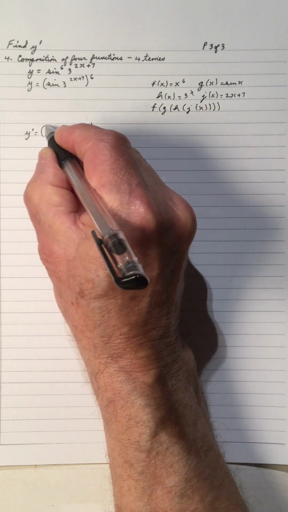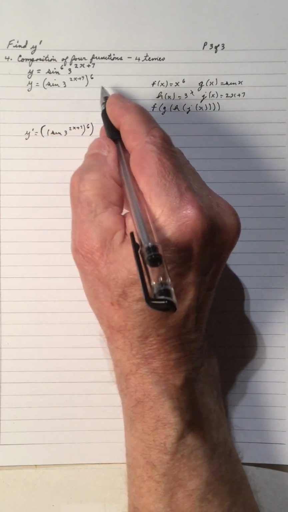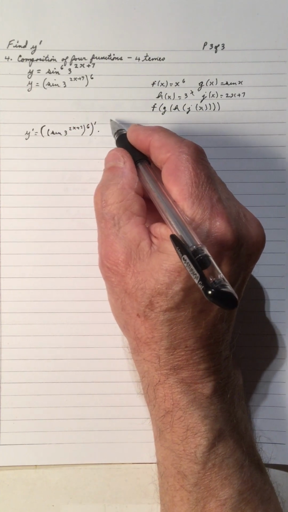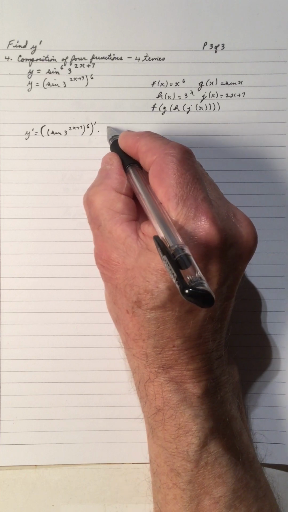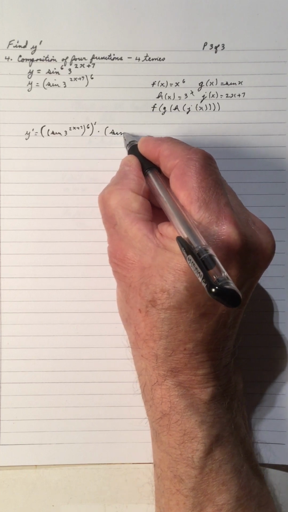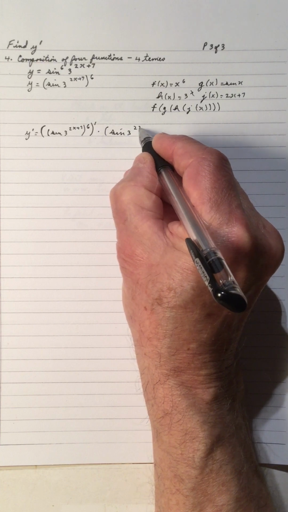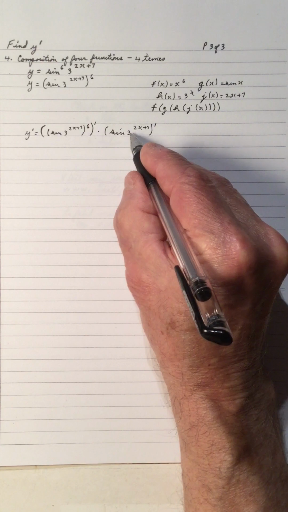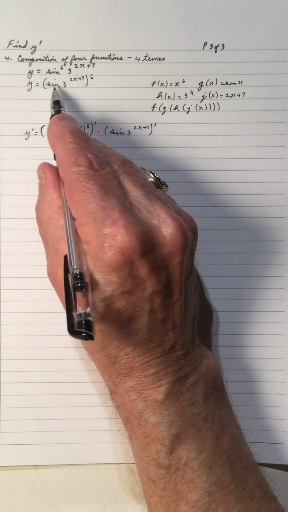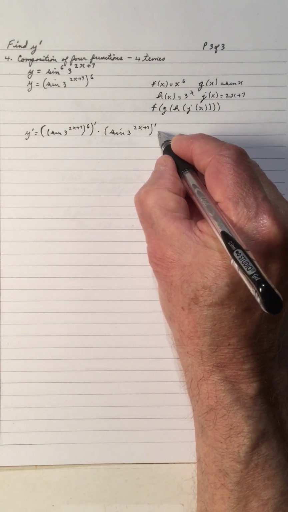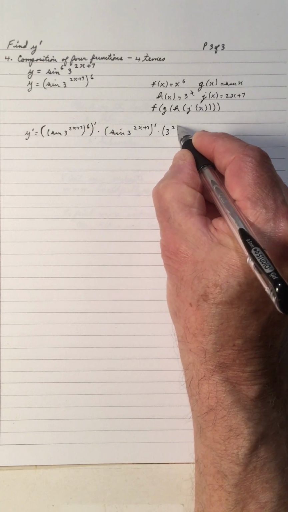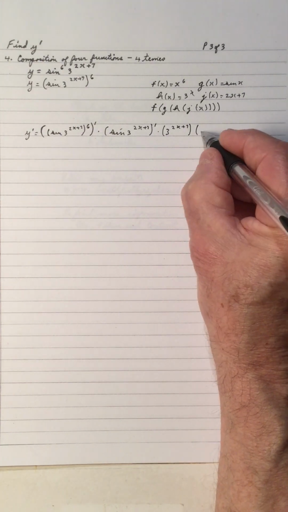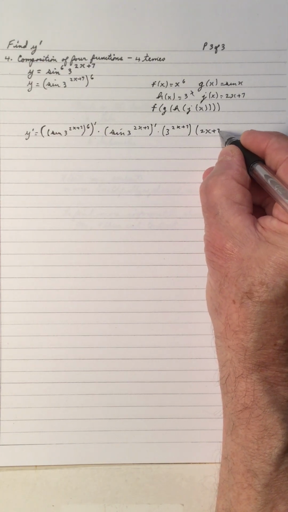So the derivative of this, so it's the derivative of what we have here, and the derivative of the inside, which is sine 3 2x plus 7 derivative, and then we got this, so it's a sine. Now we have the derivative of 3 to the 2x plus 7, which is the exponential, and then we have the derivative of 2x plus 7.